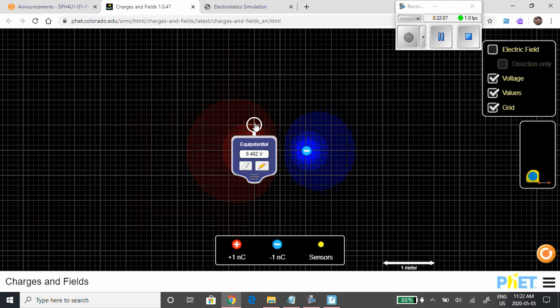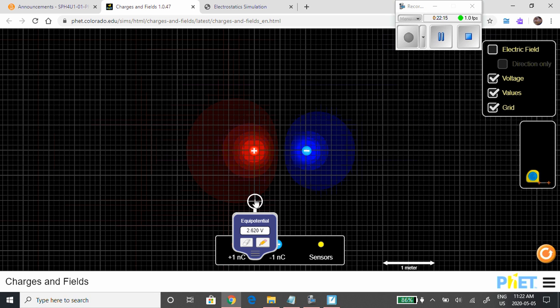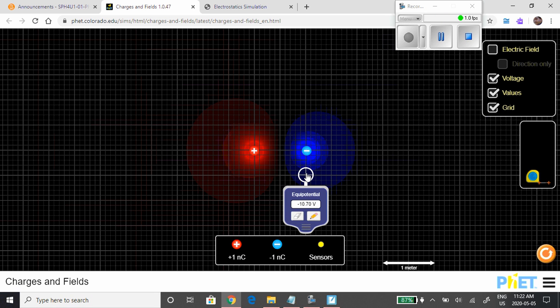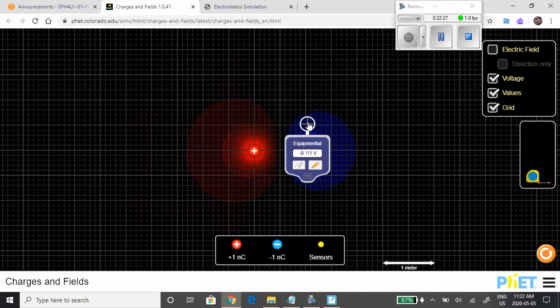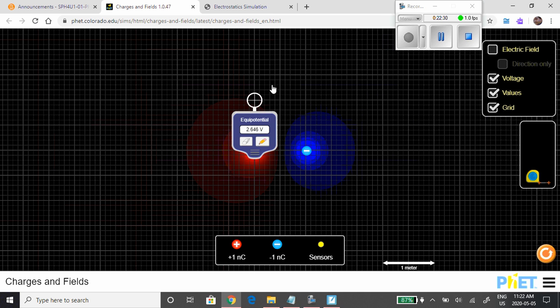Over here, the voltage is positive right above the positively charged particle, right below the positively charged particle. The voltage is positive, see? Right below the negatively charged particle, the voltage is negative. Right above the negatively charged particle, the voltage is negative. You can move this around and sense what's happening here.